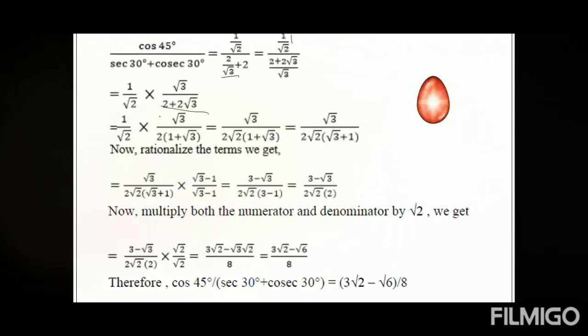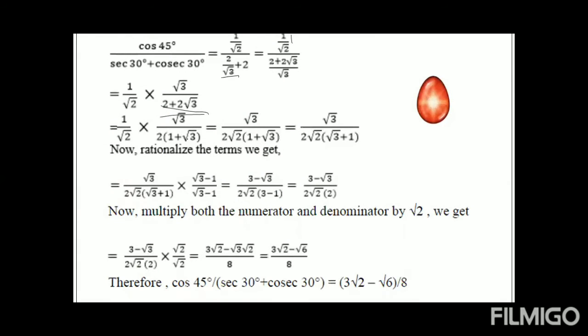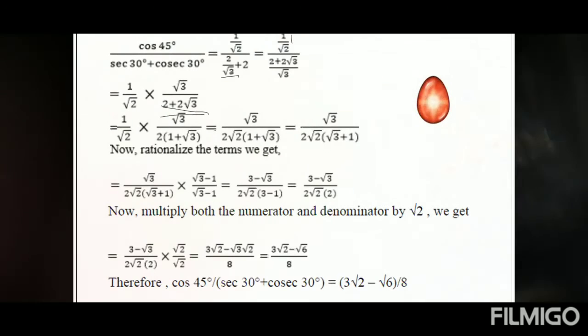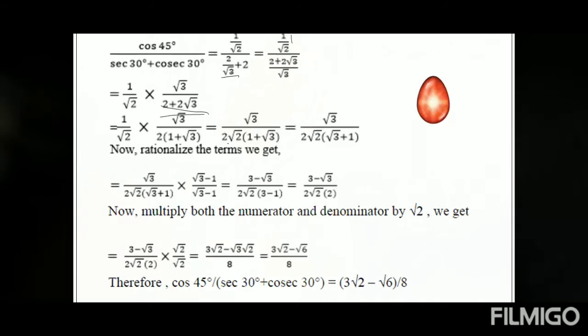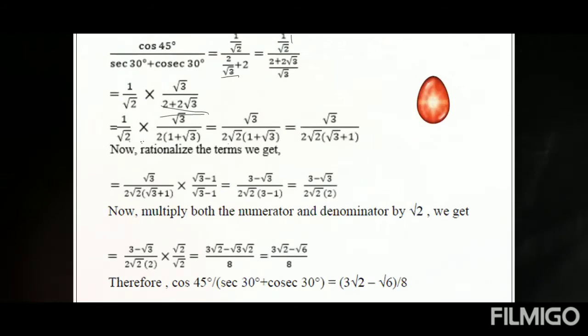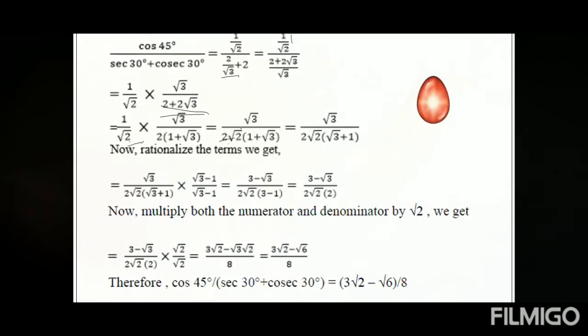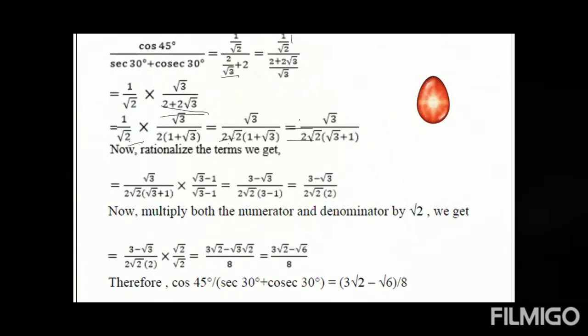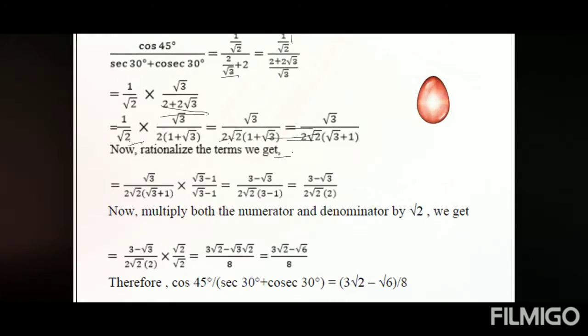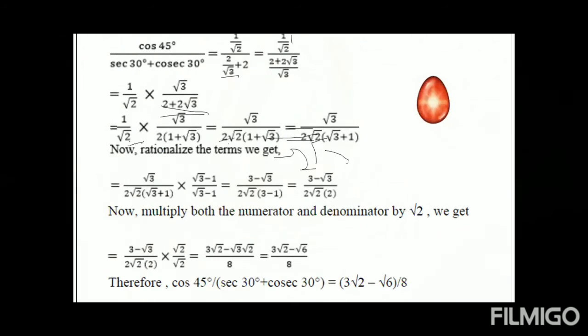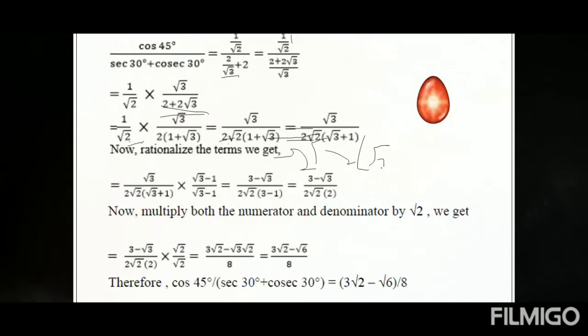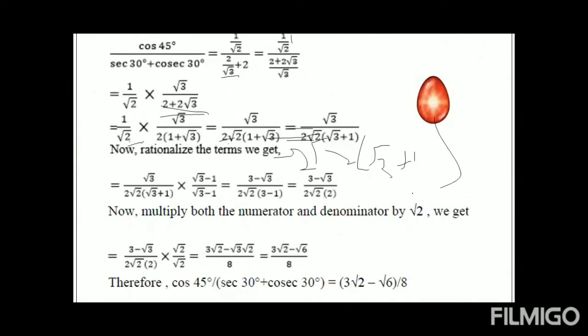You are taking 2 as common. You take it out. Okay, then you multiply 2 with root 2 and get 2 root 2. Then the answer is root 3 by 2 root 2 into root 3 plus 1.